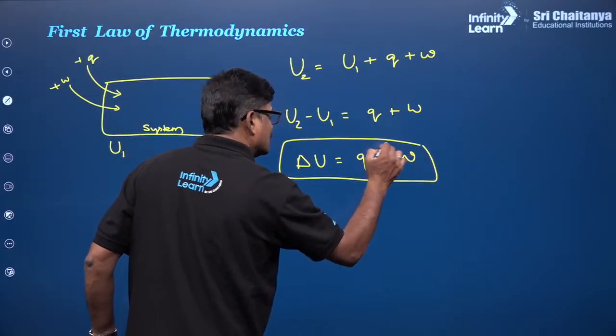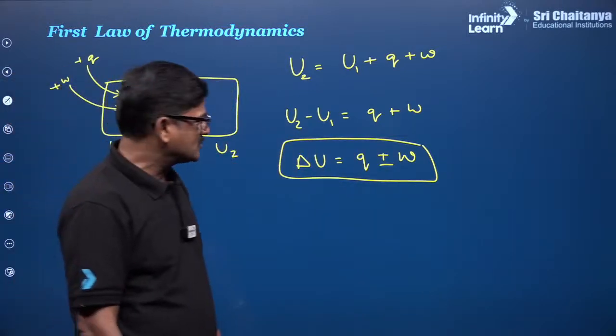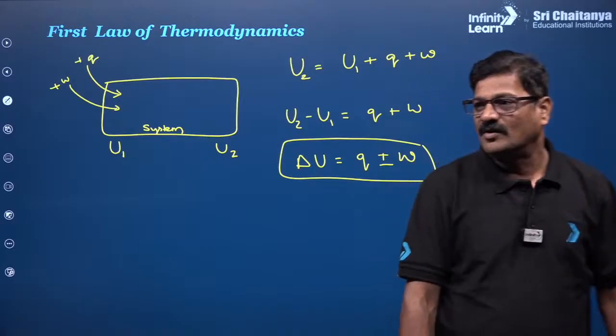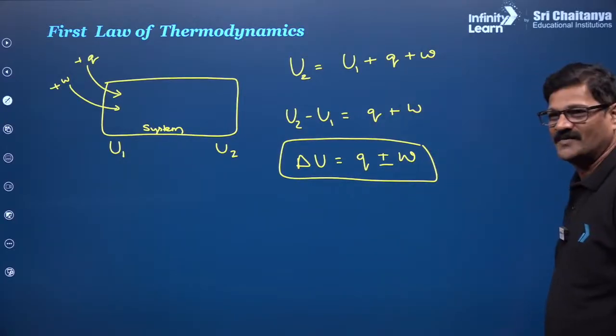If work is done on the system, W is positive. Work done by the system is negative.